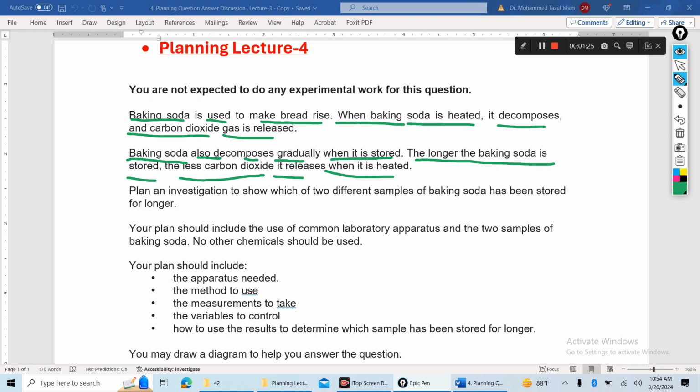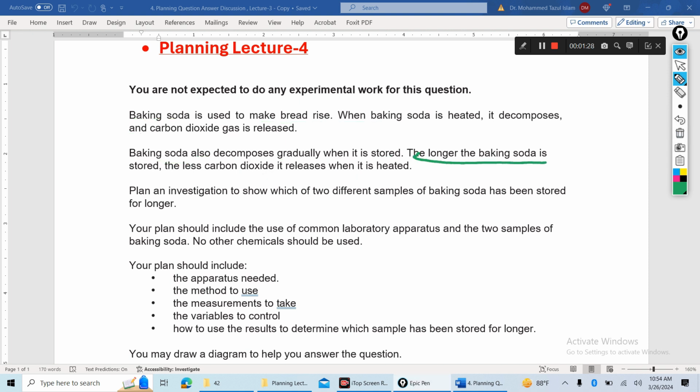This point is important. The longer the baking soda is stored, the less carbon dioxide is released when it is heated. I mean, if you store it for a long time, it will release less carbon dioxide. If you store it for less time, it will release more carbon dioxide.